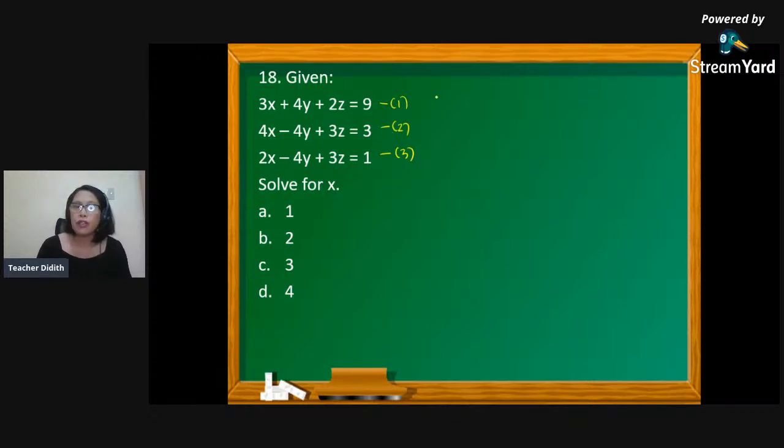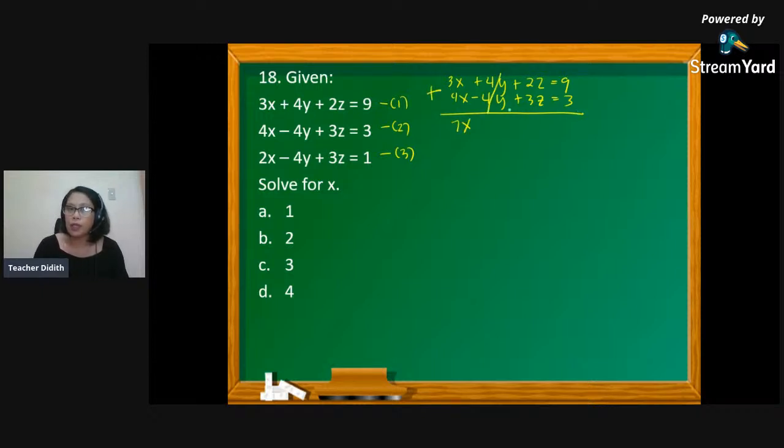So if we're going to select, for example, first and second equation, and then 4x minus 4y plus 3z equals 3, and we will perform addition, and then we will eliminate y. So we have 7x, this is 5z, and we have 12 here. And we will assign this as our equation 4.